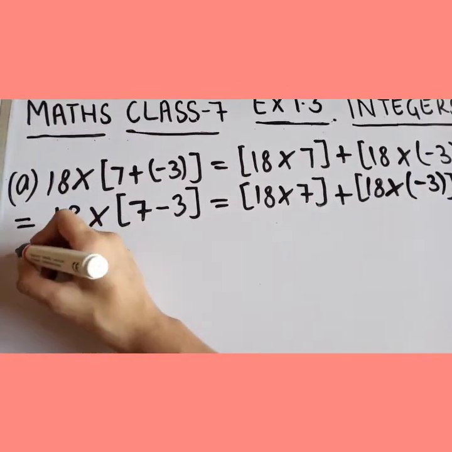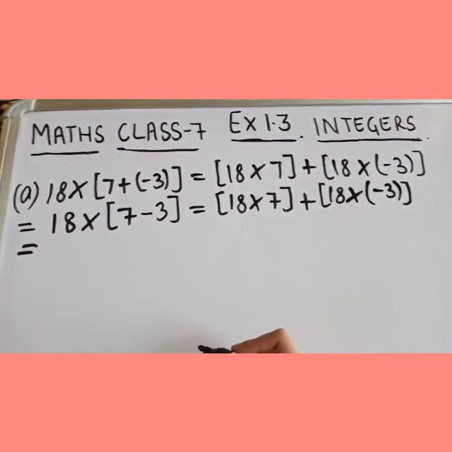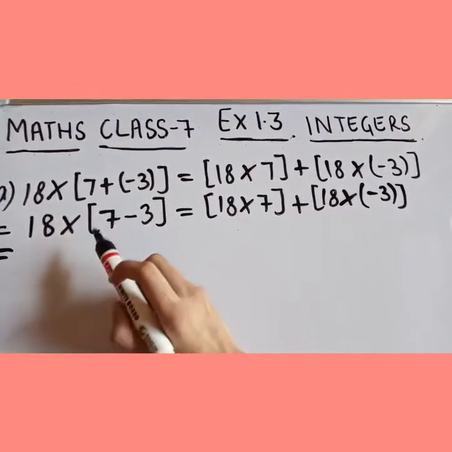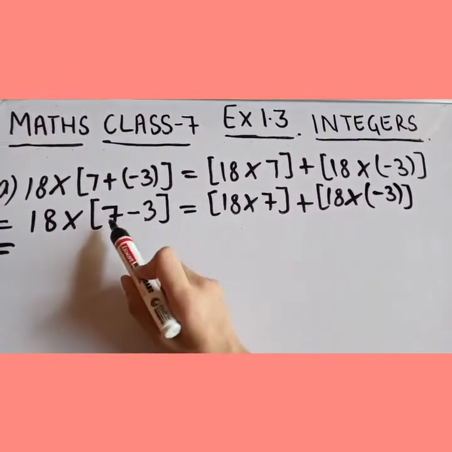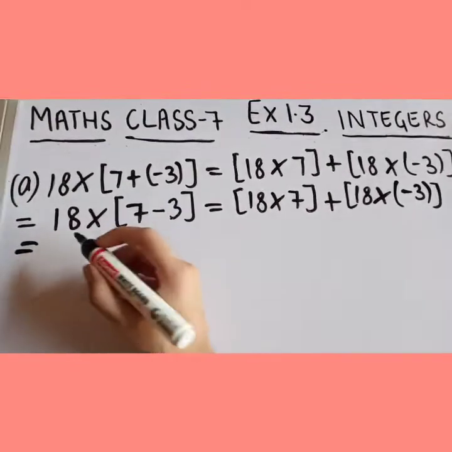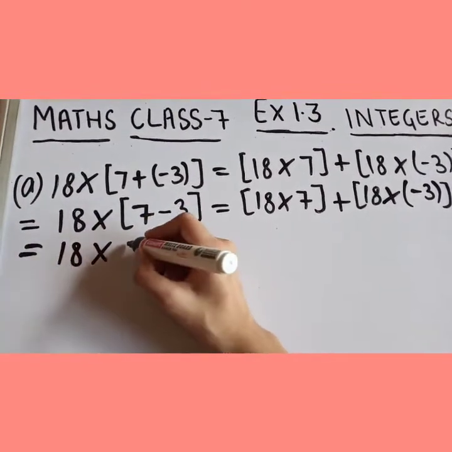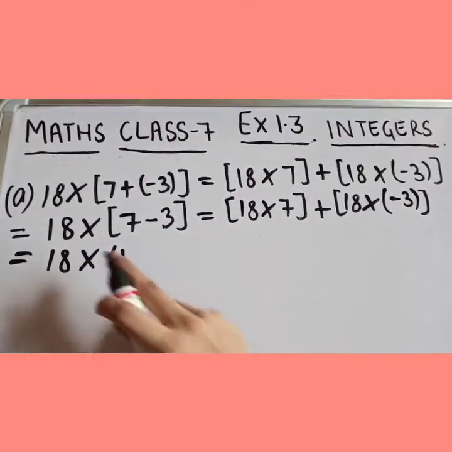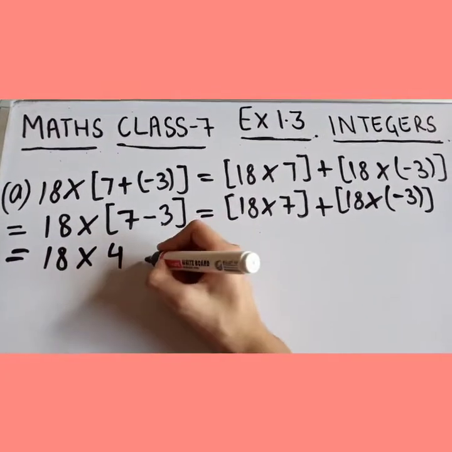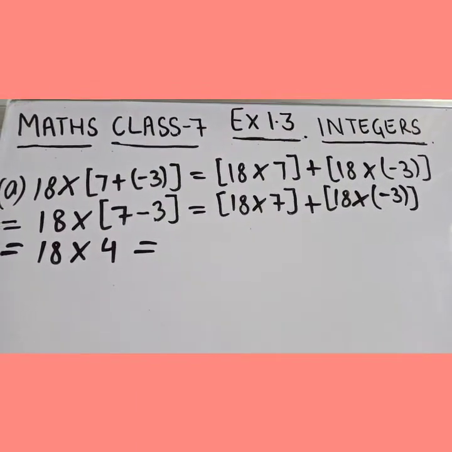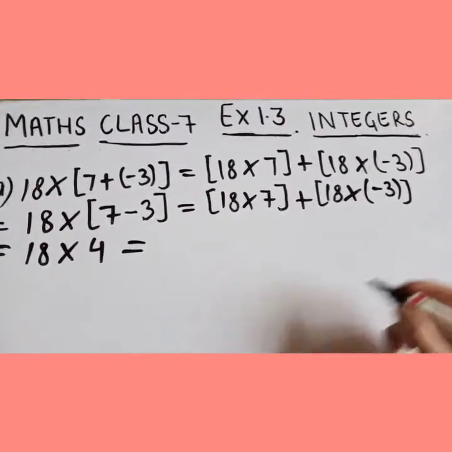Now let's come on to the second step. Now what we have to do is, first of all, we have to subtract 7 minus 3. What is 7 minus 3? It is 4. Now it is solved, so you will remove the bracket. After that, equal to sign. Then we will multiply 18 by 7.